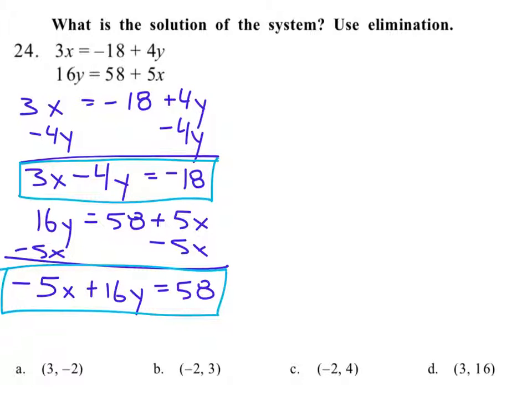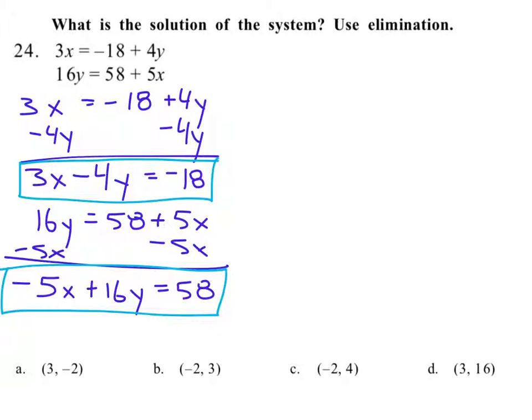The common multiple of 3 and negative 5 is 15, negative 15. So we'd have to change them both. But notice for the y's, here we have negative 4, and here we have positive 16. If we can just multiply this by 4, we'll get negative 16 here, and we'll have a positive 16 there, which is just what we want.